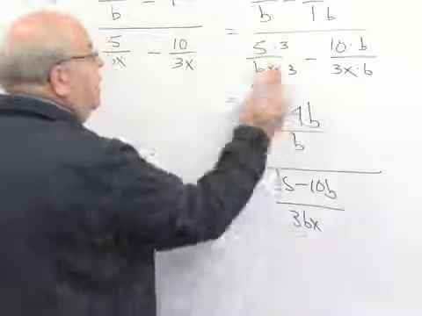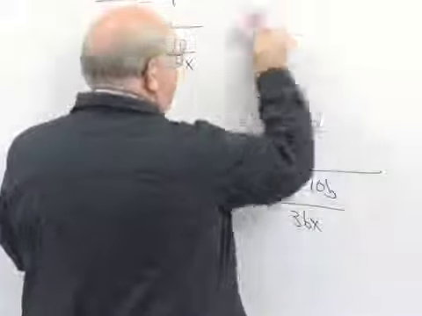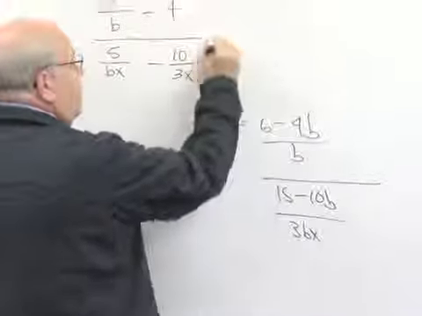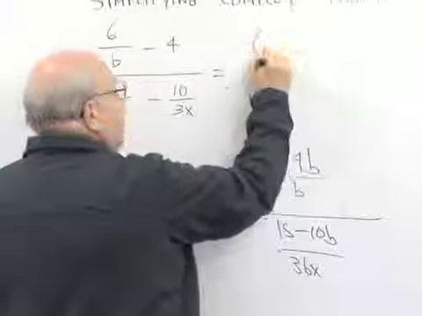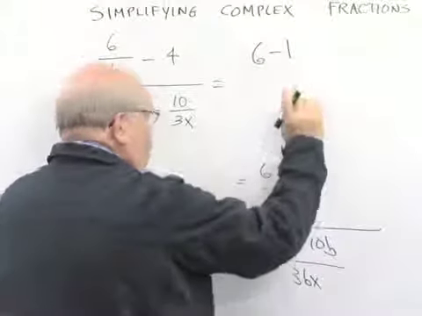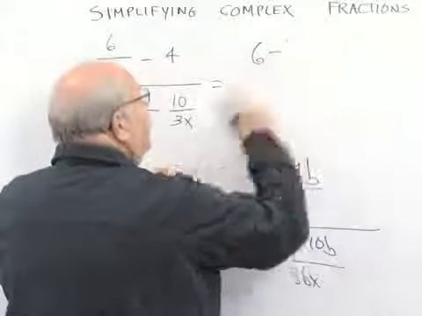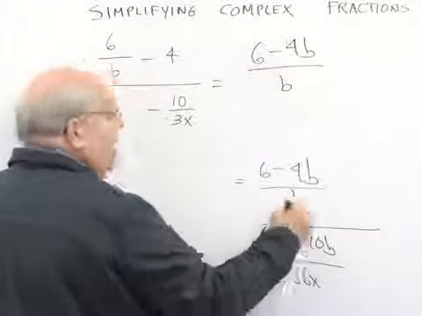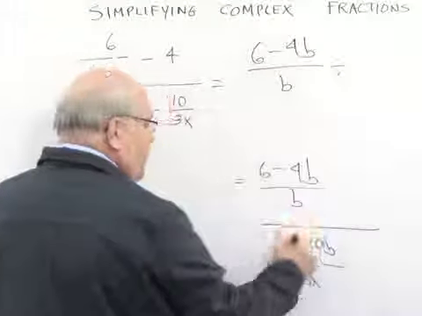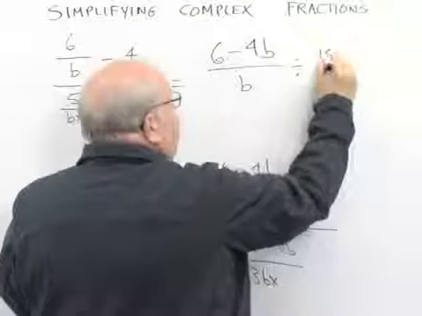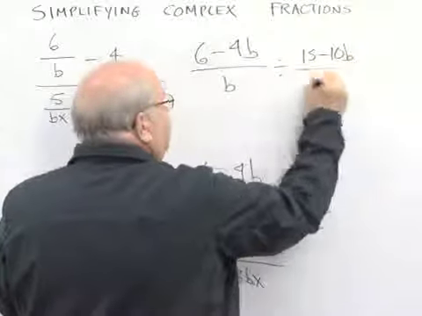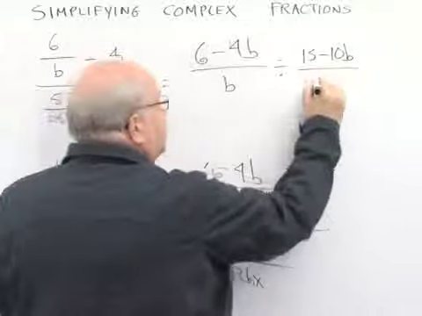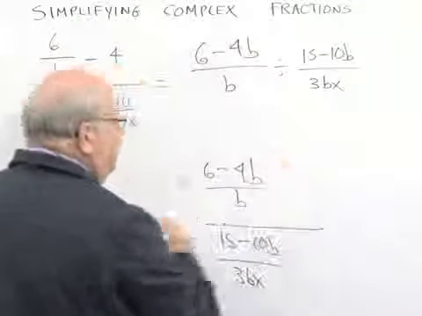I'm going to erase a little bit and get some extra room up here, and we can continue our problem. We have 6 minus 4b over b, and that's divided by the fraction 15 minus 10b over 3bx.